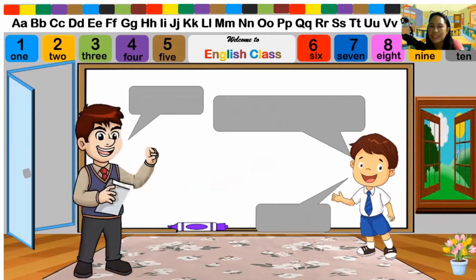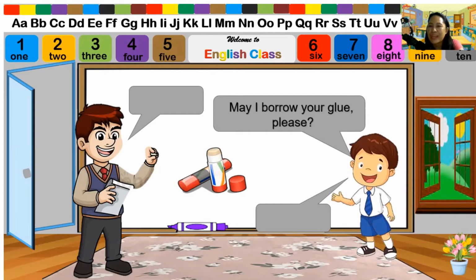Okay. So now he's going to borrow something from Mr. Smith. Let's find out. What does he want to borrow? Glue. Good job. Okay, how is he going to ask? Very good. May I borrow your glue, please?